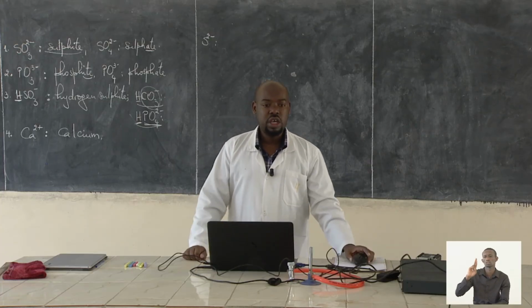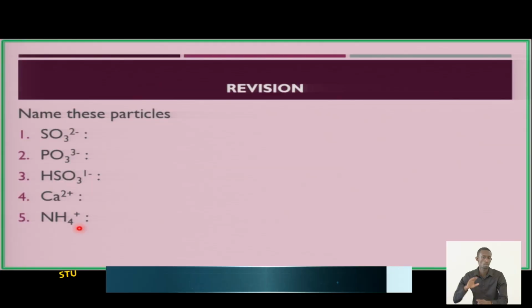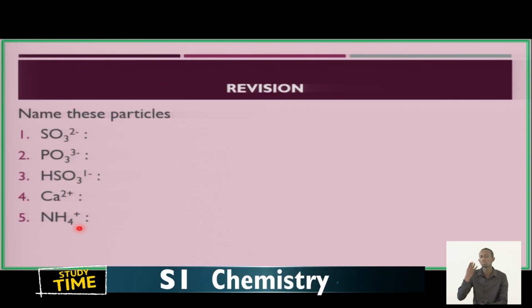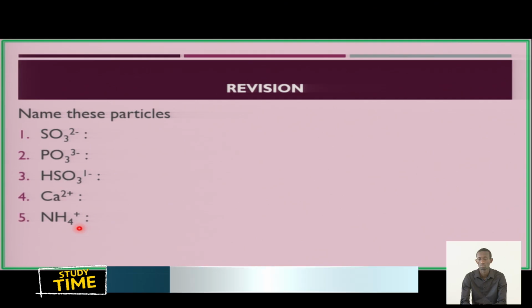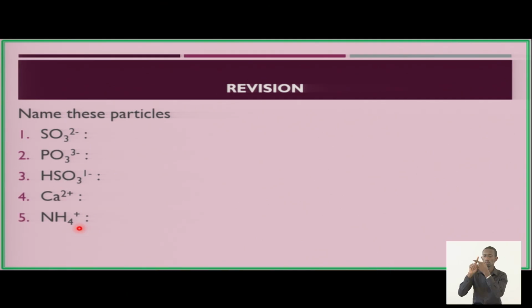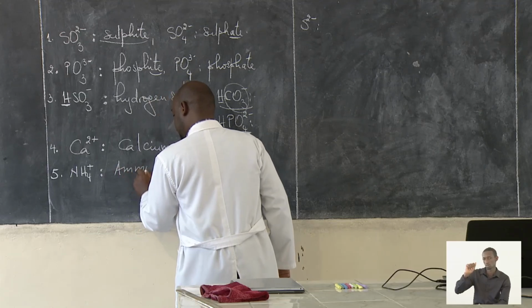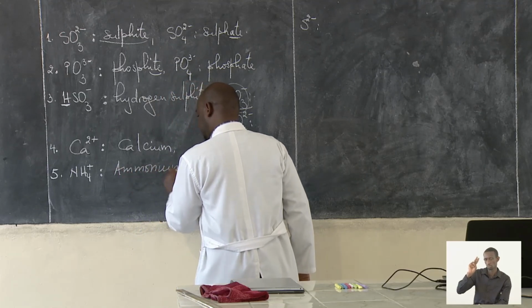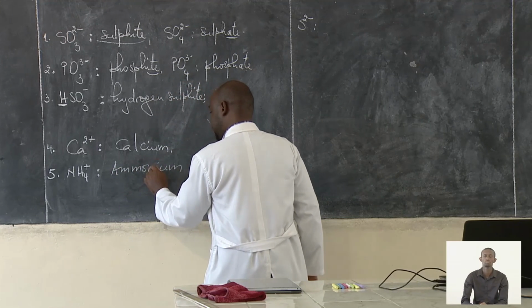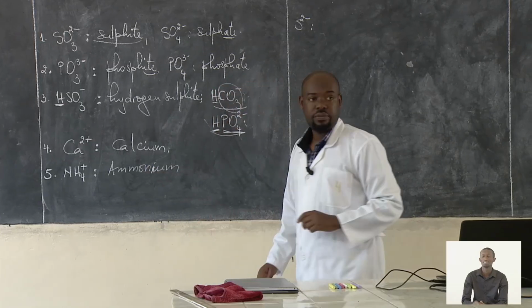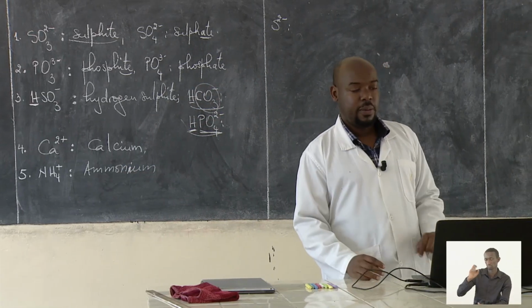Now let's go to the last particle, NH4 positive. NH4 positive, we call this one the ammonium ion. It is a polyatomic ion, ammonium ion.